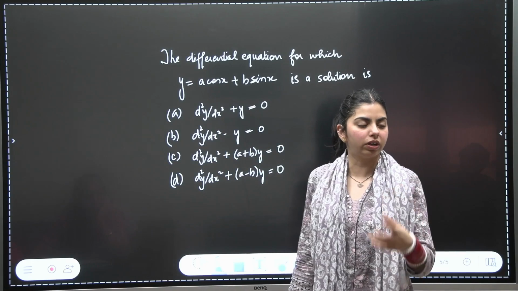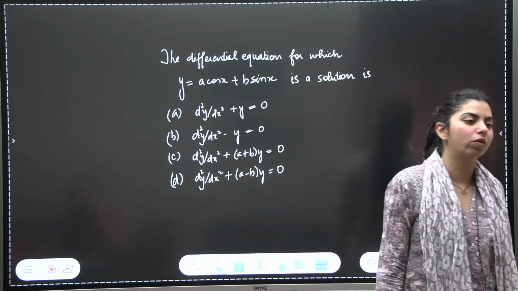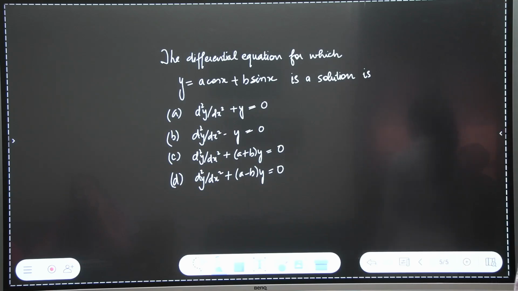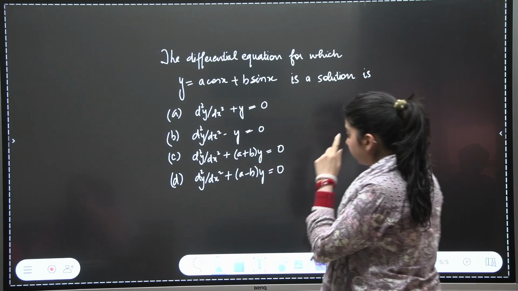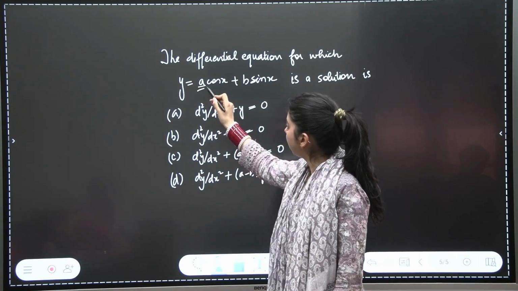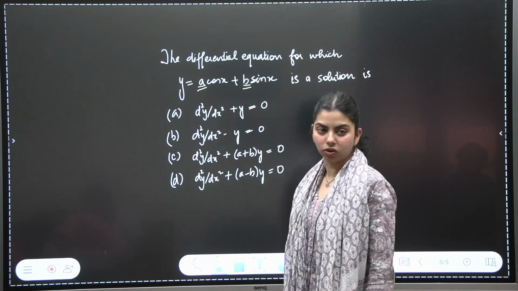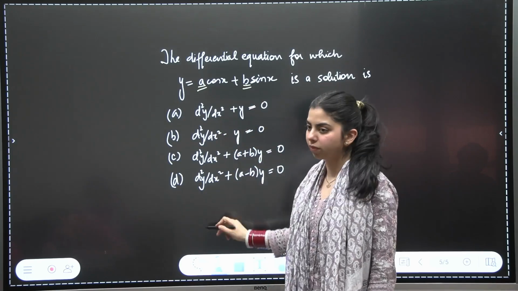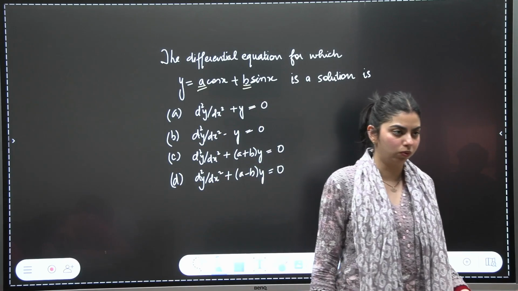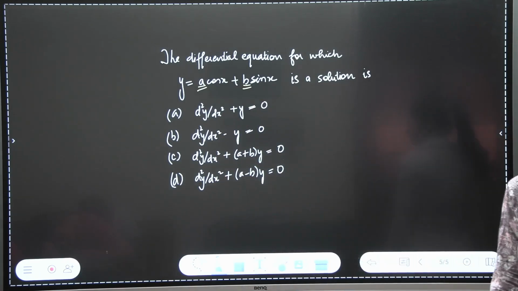The other is you can derive your own differential equation by eliminating a and b. The arbitrary constants here are a and b. So if there are two arbitrary constants, obviously your differential equation will have order 2, so a second order derivative will be involved.